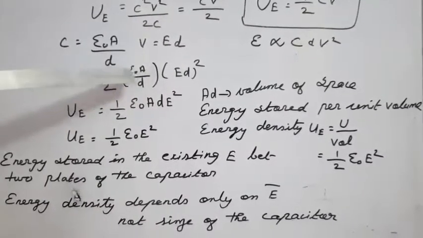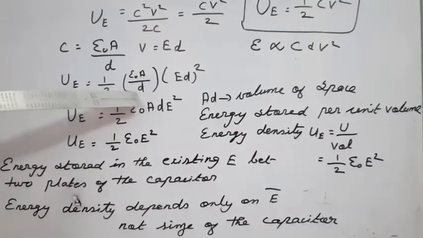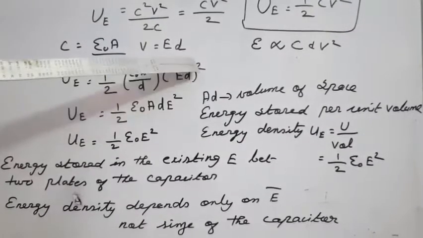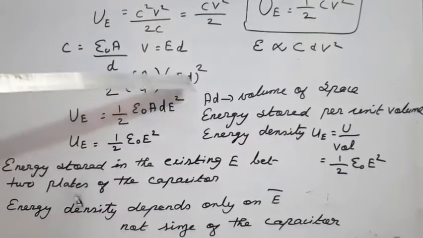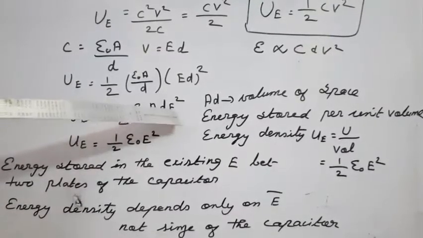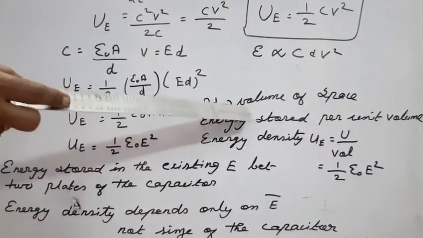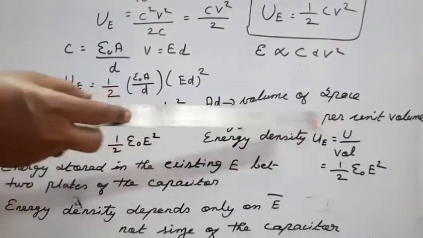Therefore, stored energy UE equals half into epsilon naught A by d into (Ed) whole square. And next, d is cancelled. Therefore UE is equal to half into epsilon naught A d into E square. But here A d is nothing but the volume of space between the capacitor plates.